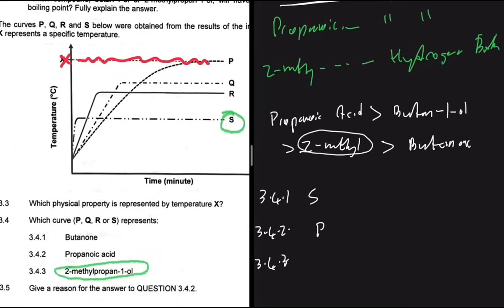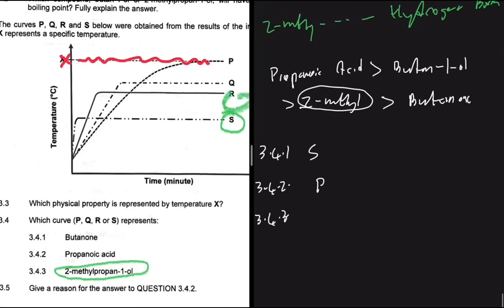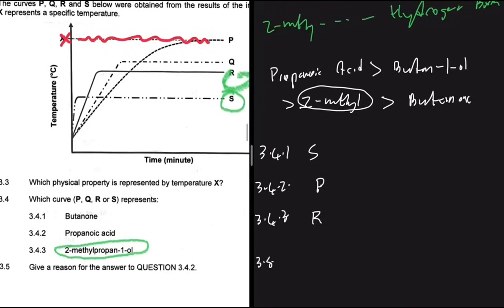So we say that S is butanone. So compound R should be 2-methylpropan-1-ol. And then 3.5, let's give a reason for the answer in question 3.4.2. Why we say P is propanoic acid, right?